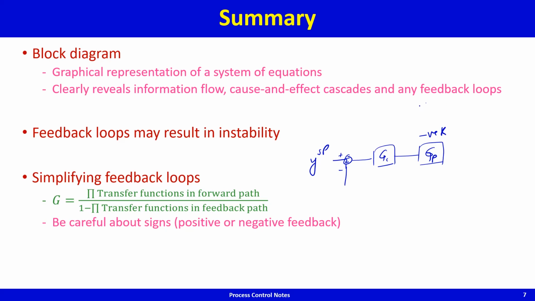So for example, let's say GP is minus k times e to the power minus dead time s divided by tau s plus 1. Let us say this is GP as a transfer function, and for the time being we'll ignore the disturbance, and you've got a feedback loop.